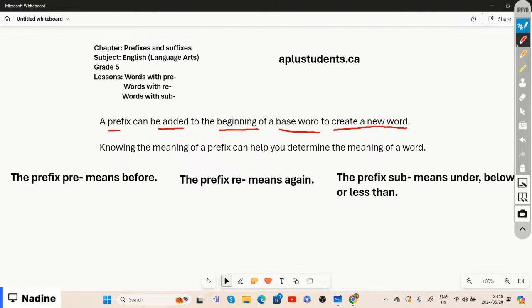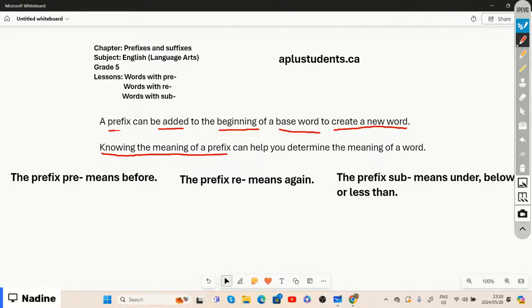And when it comes to prefixes, right? Knowing the meaning of a prefix, remember a prefix is either a word or it can be, let's say, two letters or three letters that you add at the beginning of a base word, right? But those letters have their own meaning before they get added to a base word.